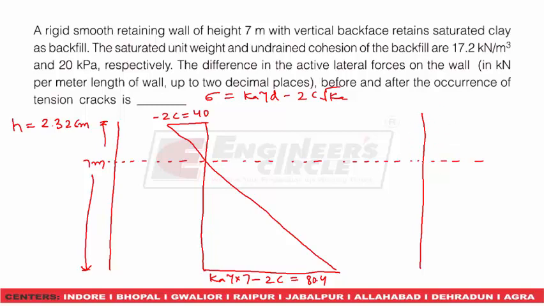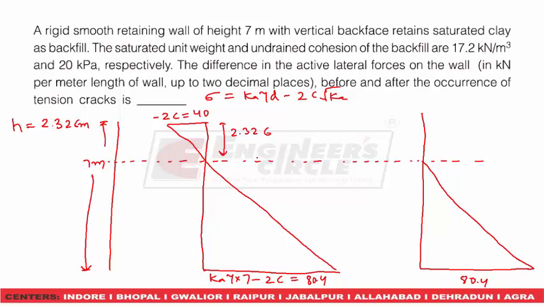So the earth pressure will get developed only in this much portion, and this value is 80.4. Now we have calculated h as 2.326, so this much distance is 2.326.